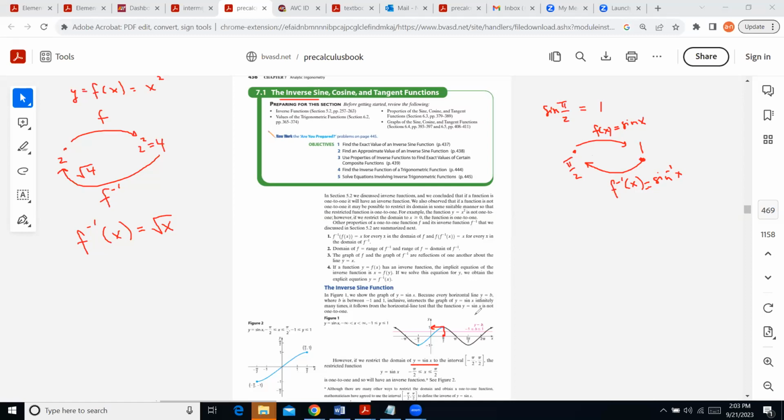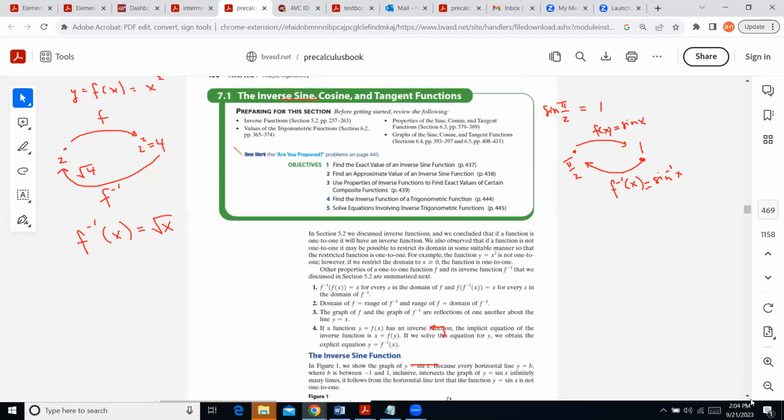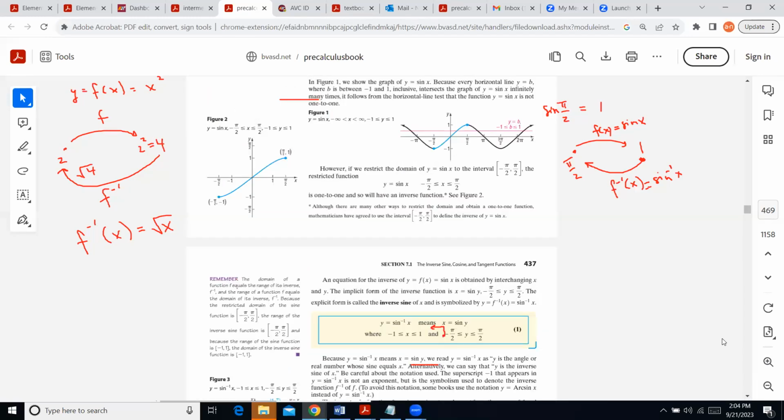And that's actually what's happening here. If you look at the picture they nicely provided us with in figure 2, you're going to see that if you start with pi over 2 here, then the inverse function returns you back to 1.